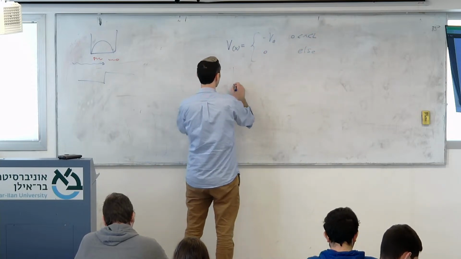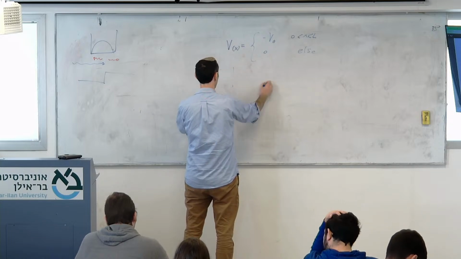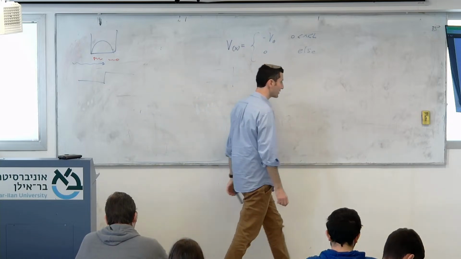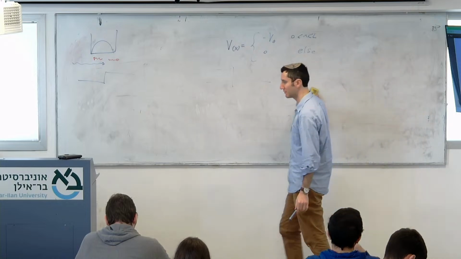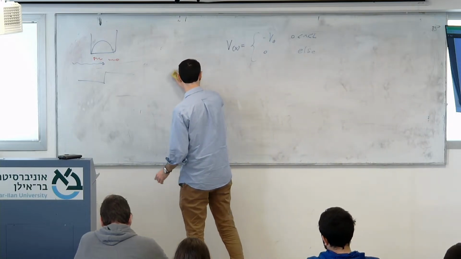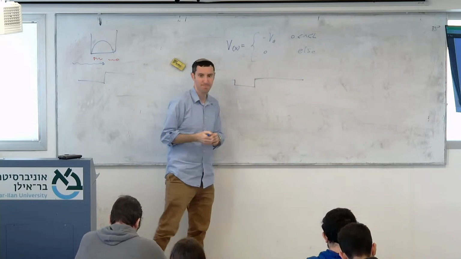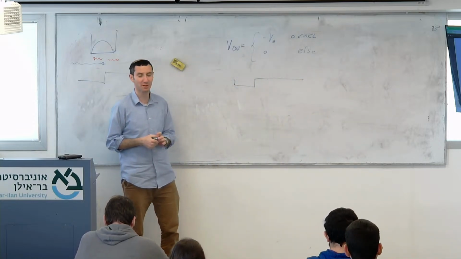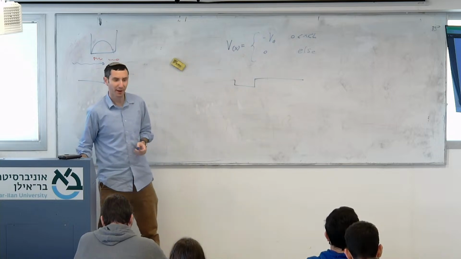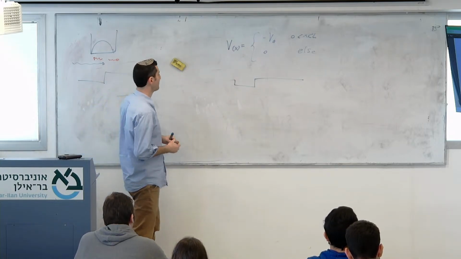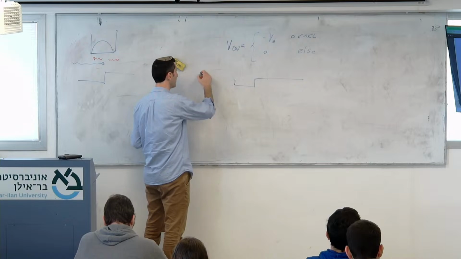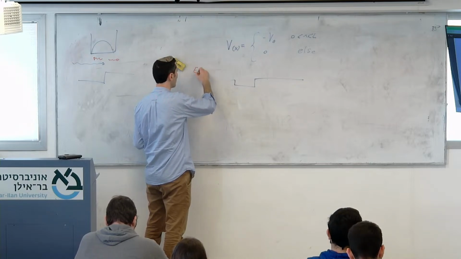What does it look like? Well, this marker is tired. This is what it looks like. This is my potential. Now, what is my energy? If my energy is here, this is E1.